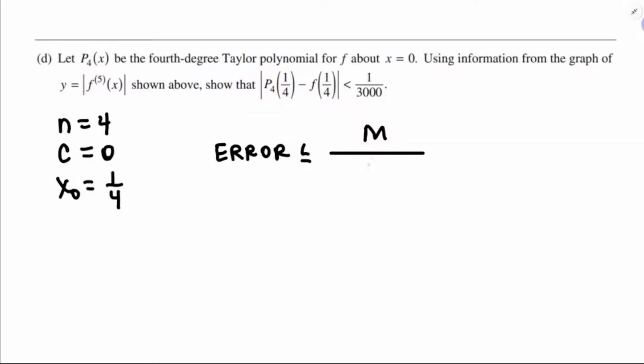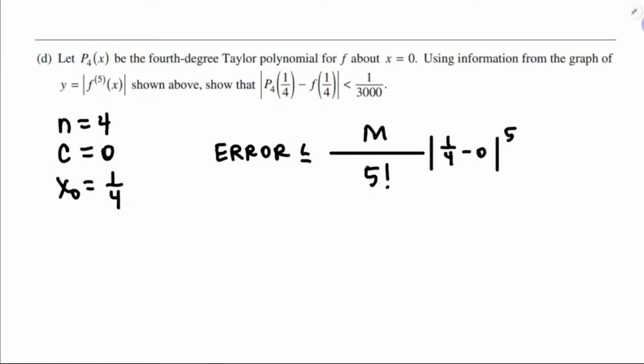Divided by the next factorial. We use a 4th degree polynomial, so the next factorial would be 5 factorial. And then the absolute value of x0 minus the centering point, so 1/4 minus 0, to that 5th power.